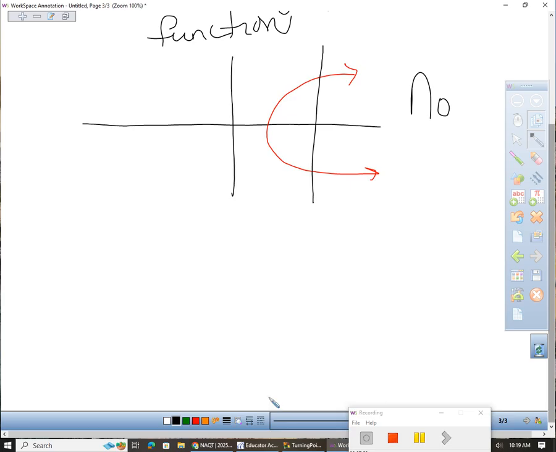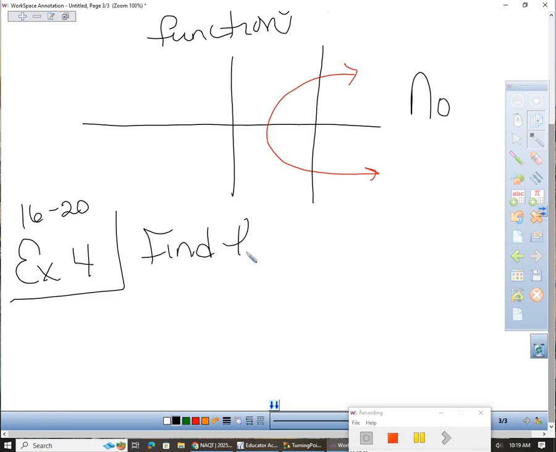Example number 4. This is going to cover 16 through 20. All right. Find the range given the domain.